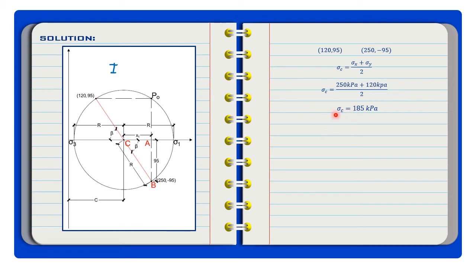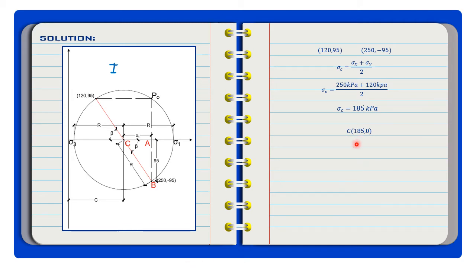Then, the sigma c now will be equivalent to 185 kilopascal. Yan ngayon yung coordinate ng center ng circle natin. So, yung coordinate will be 185, 0.